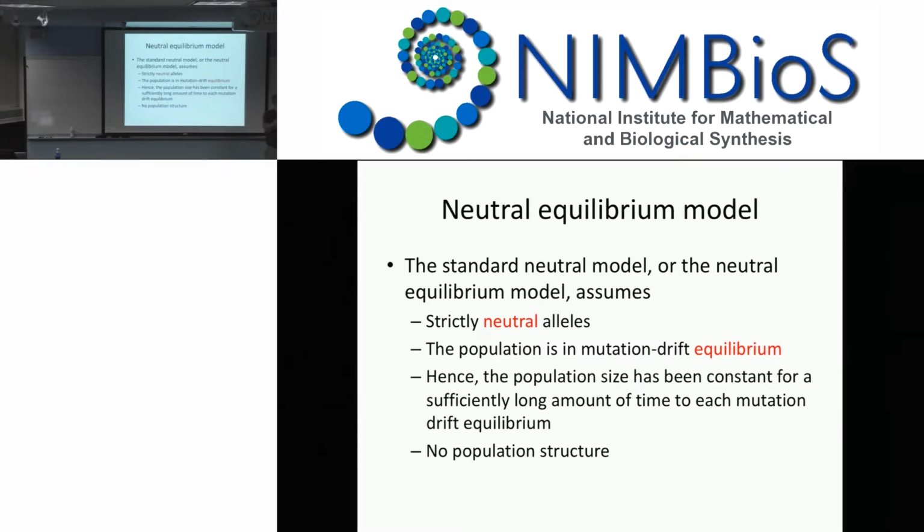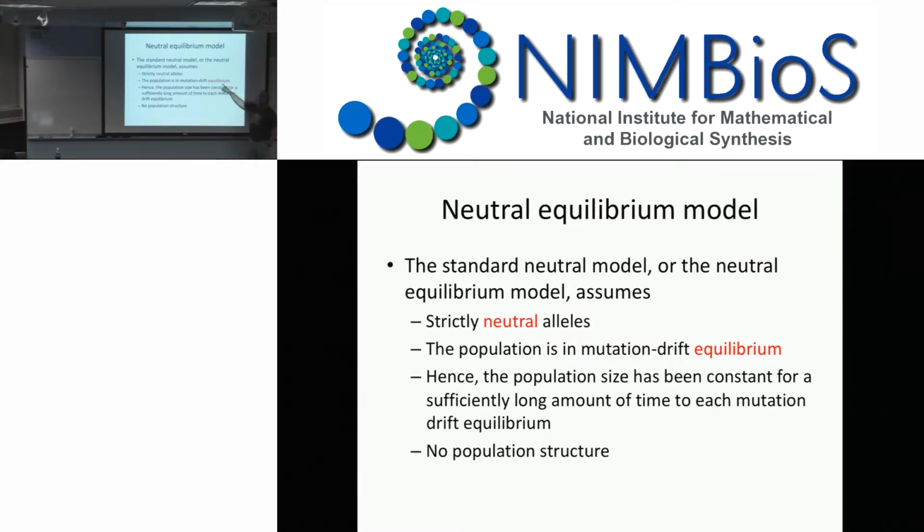If a population goes through a bottleneck and you don't wait a sufficient amount of time, it's not in equilibrium. This is a critical feature because almost all tests of selection based upon markers, when they fail, that is, you reject the neutrality test, you could reject it because you don't have neutral alleles, or you could reject it because you're not in mutation-drift equilibrium.